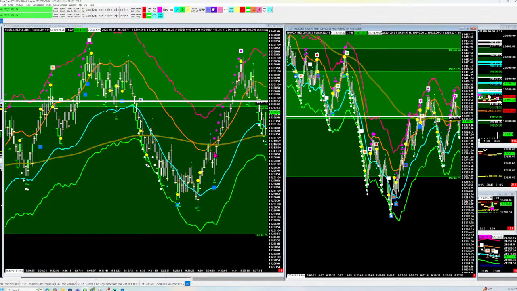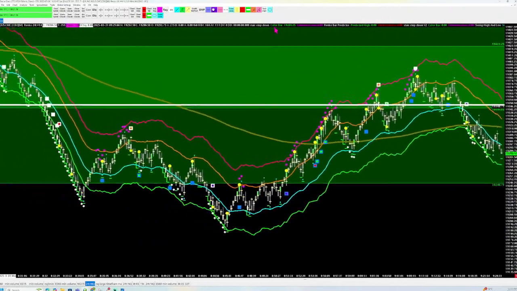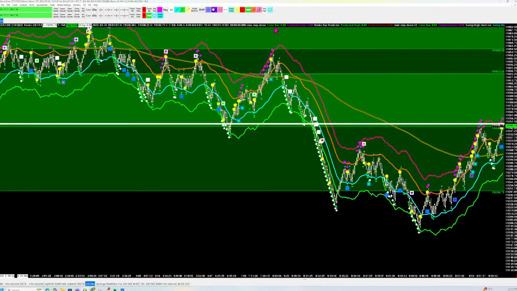When I look at this here, if we come back over here on this day, my Globex low would have been roughly 830. This is my Globex low.